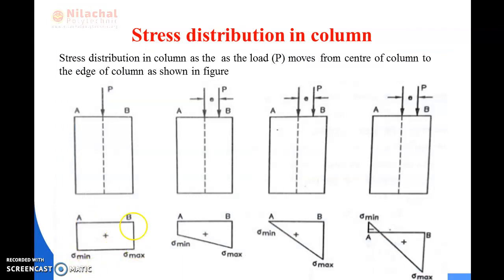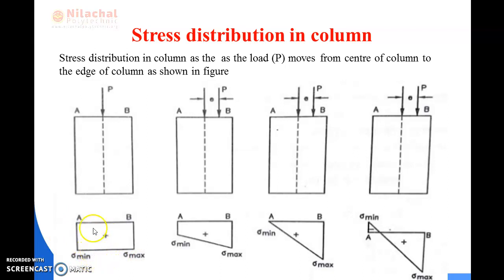So here the diagram is plotted like this. It is a case of a rectangular section which is positive in nature, and the right side of the edge acts as the sigma max value and the left side of the edge acts as the sigma minimum value, which is the same.